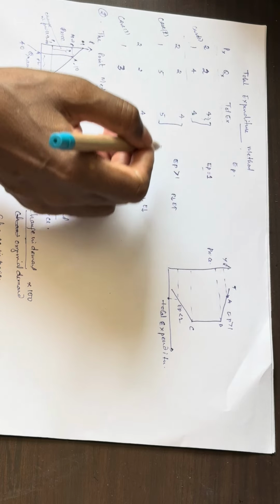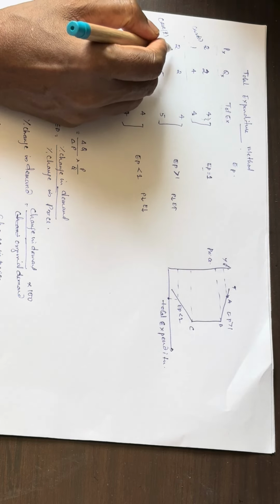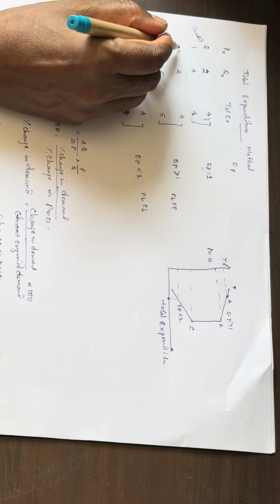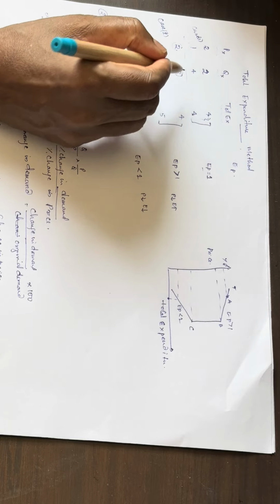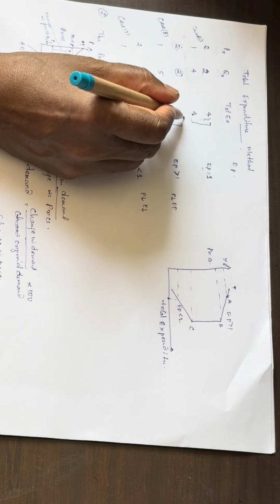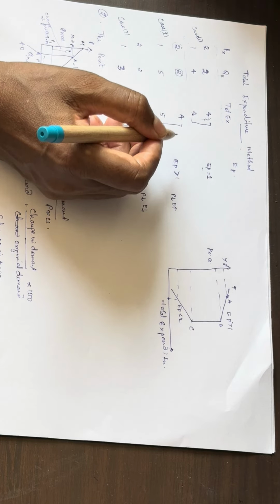Now the second case: the price is 2, the quantity bought is 2, and the total expenditure is 4.